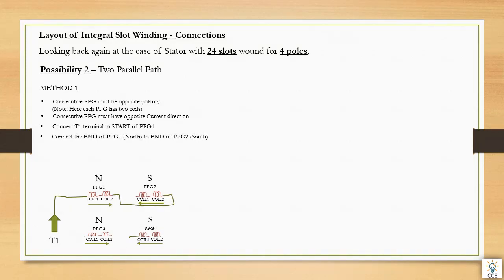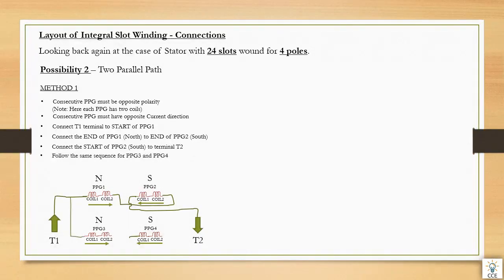Then we connect the end of the pole phase group 1 to the end of the pole phase group 2, and we bring the start of the pole phase group 2 to the terminal lead, that is T2. Now there are two other pole phase groups left, so we need to connect them accordingly.